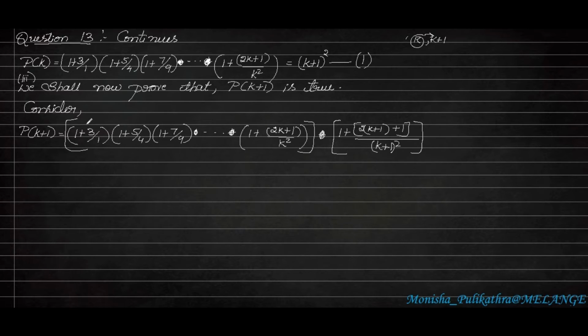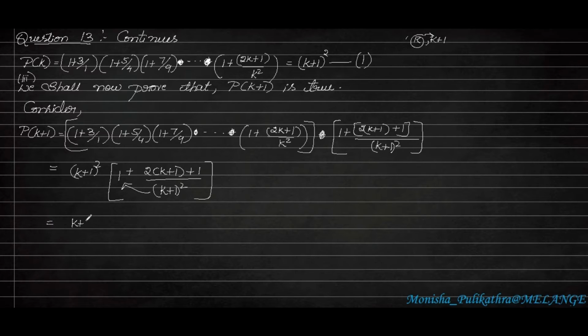So here instead of this, we have to apply (k plus 1) whole square because the whole series is equal to (k plus 1) whole square. So this will become (k plus 1) whole square into 1 plus 2 into (k plus 1) whole divided by (k plus 1) whole square. Okay, so we can take it as an LCM.